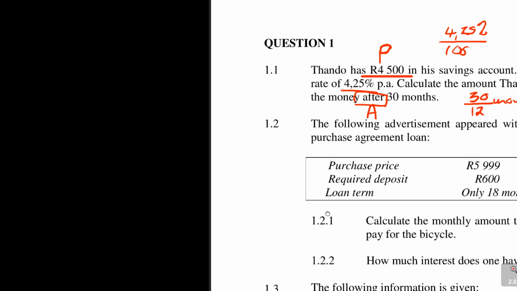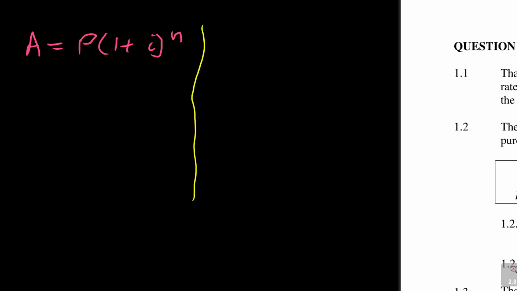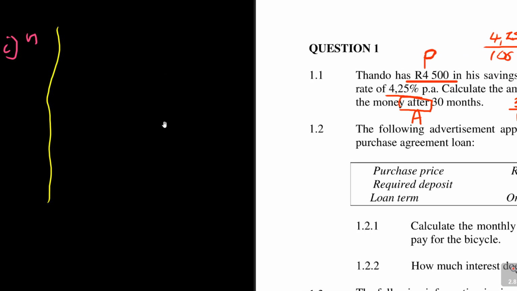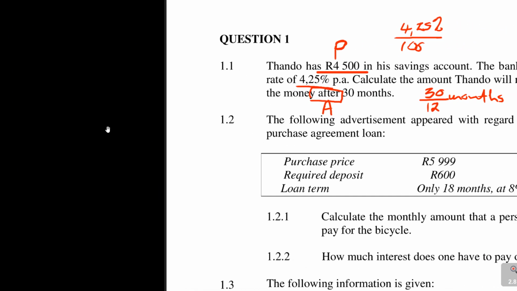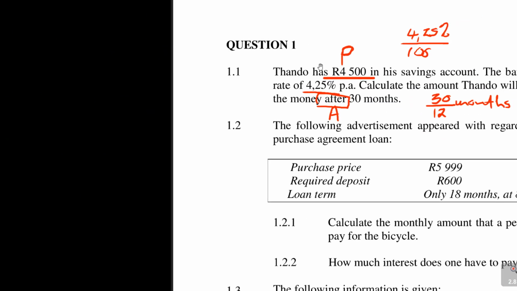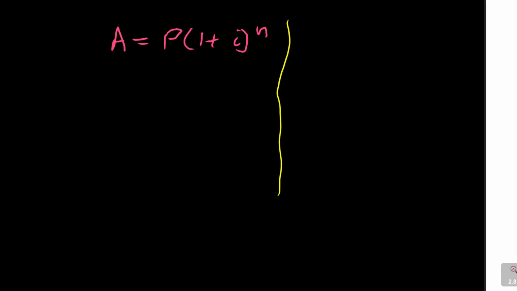So if we look at it, it's the compound interest formula. So we are going to say A is equal to P(1 + i) to the power of n. The conversions are very, very important because that's where you might be making some errors. So the first part is we've got P as 4,500. So I'll continue, right?